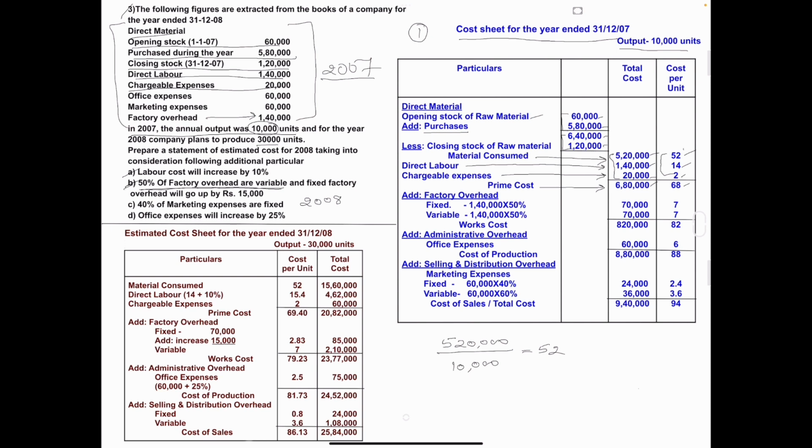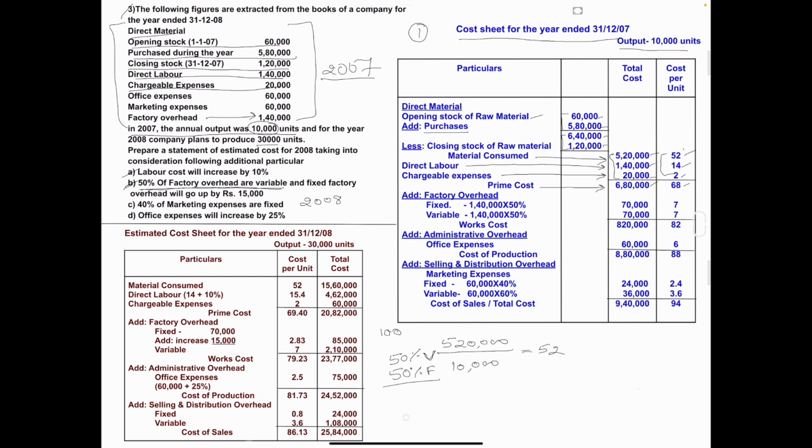So in this problem, the factory overhead 50% we have to take as variable. So how much remains? 50%. Yes or no? 100% means 100. Of that 50% we have to take as variable factory overhead, and the remaining 50 we have to take as fixed factory overhead.